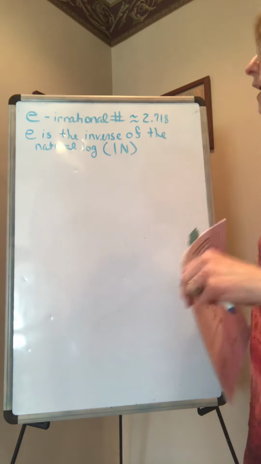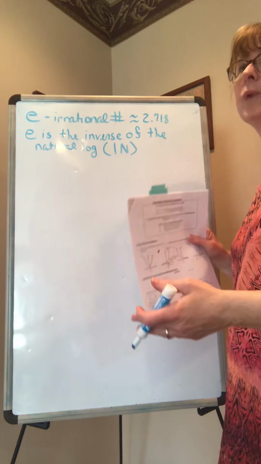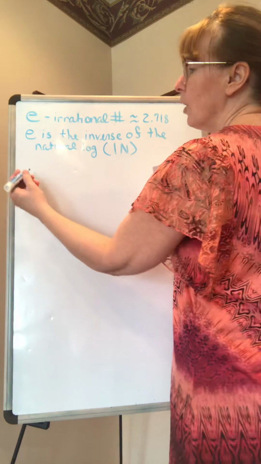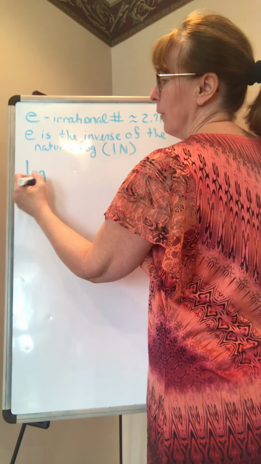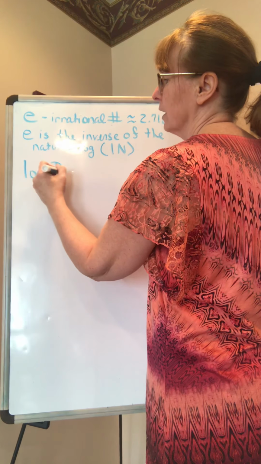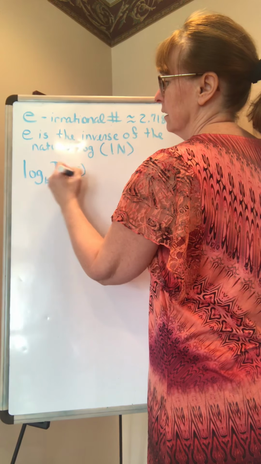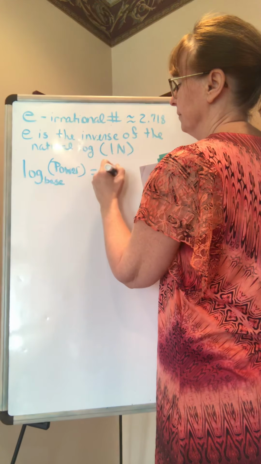So where does the natural log and e, how do they fit together? Where do they come from? Well, if we go back to our log, when we have our log, and we have our base, and then we have our power, and that equaled, we call this the exponent.